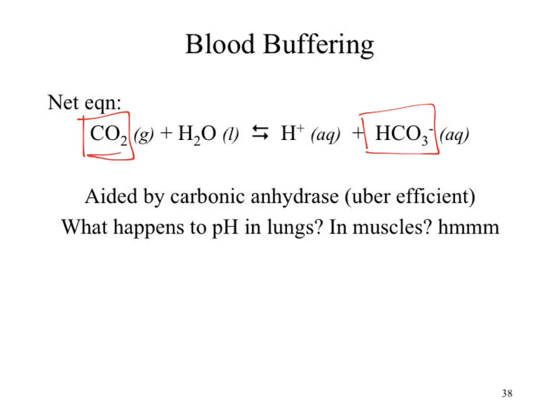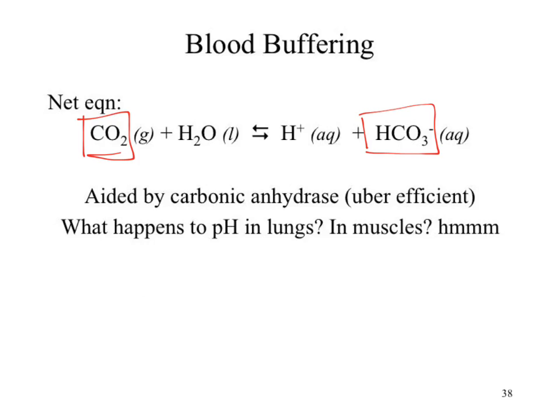If for some reason our pH becomes very, very basic, what happens? The H plus generated in this reacts with the base, we shift and we absorb more CO2, and we end up producing HCO3 minus, so that our H plus concentration, again, stays relatively constant. Okay, so it can buffer both directions.